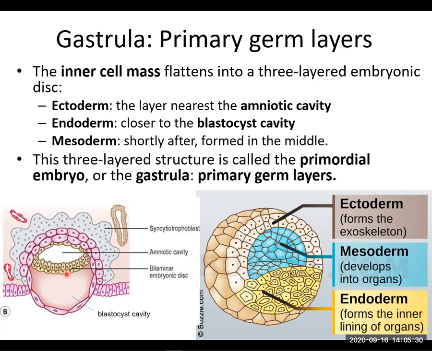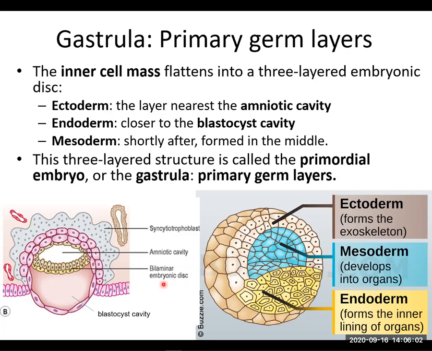The other portion, facing the blastocyst cavity, is called the endoderm. And in the middle, gradually, the mesoderm will appear.